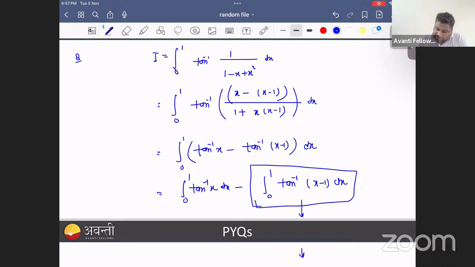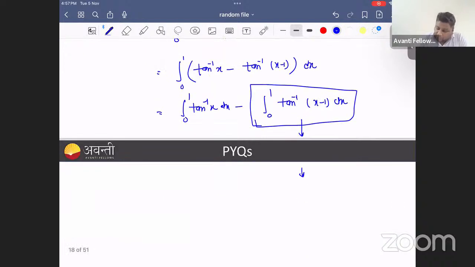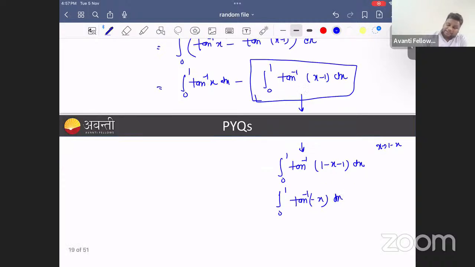In this particular part, use that property 4 and replace x by 1 minus x. So it will become 0 to 1 tan inverse of 1 minus x minus 1 dx. So that is 0 to 1 tan inverse of minus x dx. Now if I take this minus sign outside, it will make the other minus sign positive.